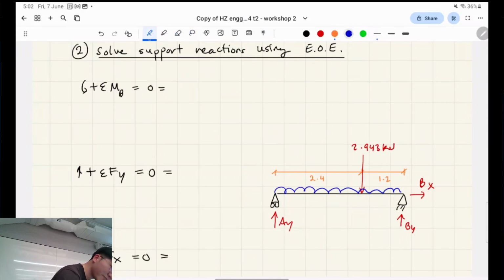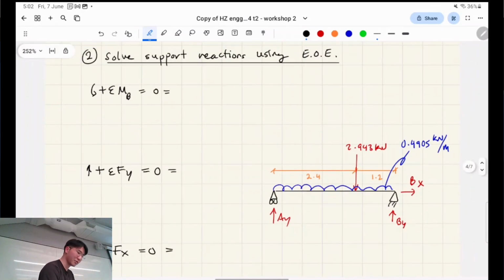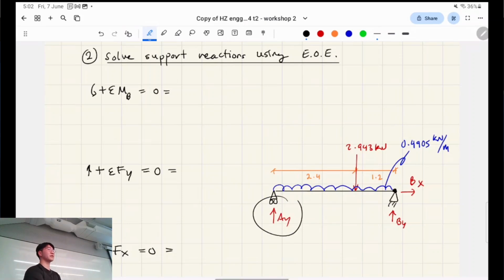And we'll solve for W. W is 0.4905 kilonewtons per meter. That's our system so far. We're trying to look for these unknown reactions at the moment. That's usually the first step in a lot of the methods that you're going to learn in the next 2 weeks. Since we took the moments about B, we're going to essentially be solving for AY, because that's the one that's going to have a non-zero perpendicular distance.